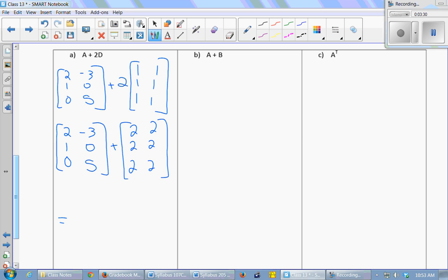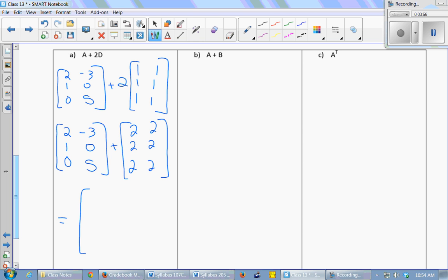How do you add matrices? Add up corresponding entries. To be able to add two matrices, what has to be true about them? Same rows and columns. They have to have the same dimensions. And then you just add the corresponding entries. They have to be exactly the same dimensions.